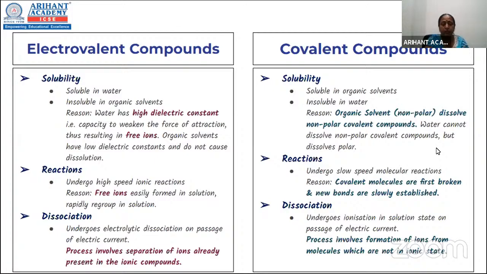So the word there is dissociation, because the process involves only separation of ions, which are already present. For covalent compounds, there were no ions. So if ions are going to be formed, we are going to use the word ionization over there. Undergoes ionization in solution state. So this is what we need to understand. The dark areas are your important points, and you have to mention them in your reasons.